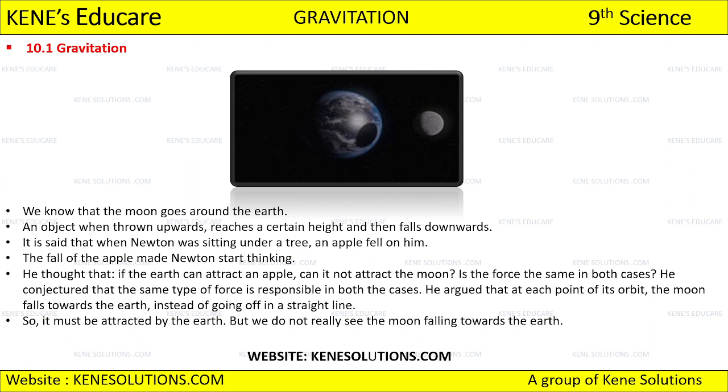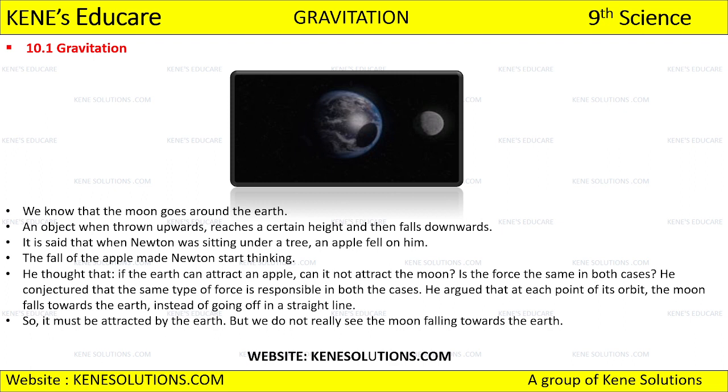So what's the story? Newton was sitting under a tree. An apple fell on his head, and he was irritated and wondered, why is the apple falling on me? Why is it not going up? That led Newton to start thinking, and he thought that if the earth can attract an apple, can it not attract the moon?